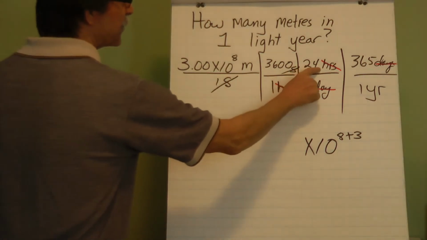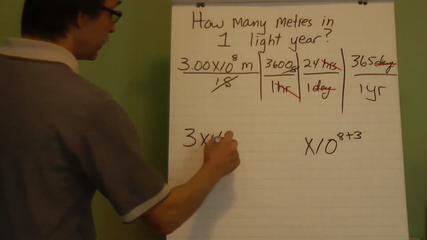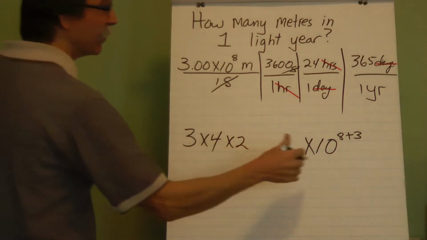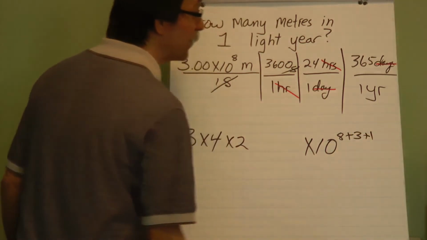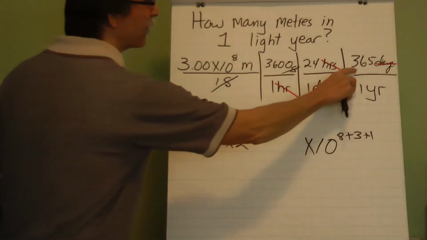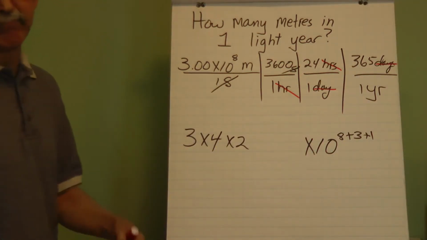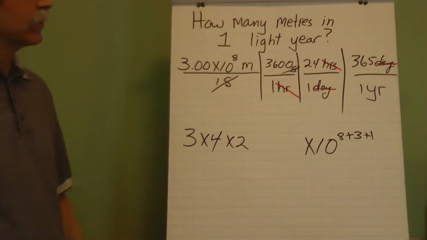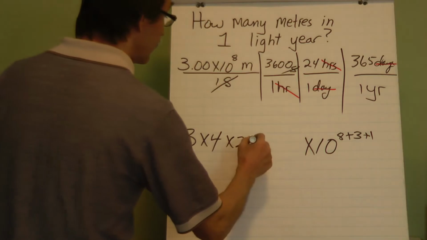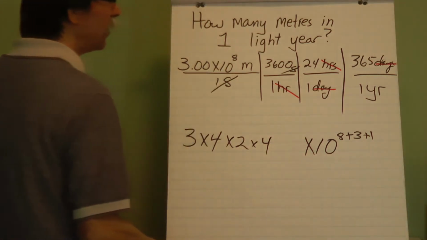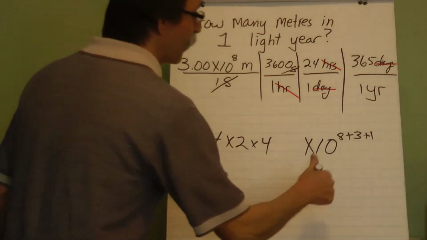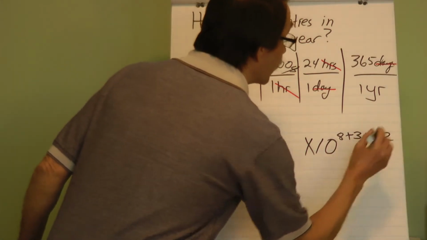So I'm going to say that this is approximately 20. Now 20 would be 2 times 10 to the 1. And finally, I've got my 365. If we're rounding approximately, we'll call that approximately 4, so times 4. And of course that's times 10 to the power of 2. So we've got this over here.